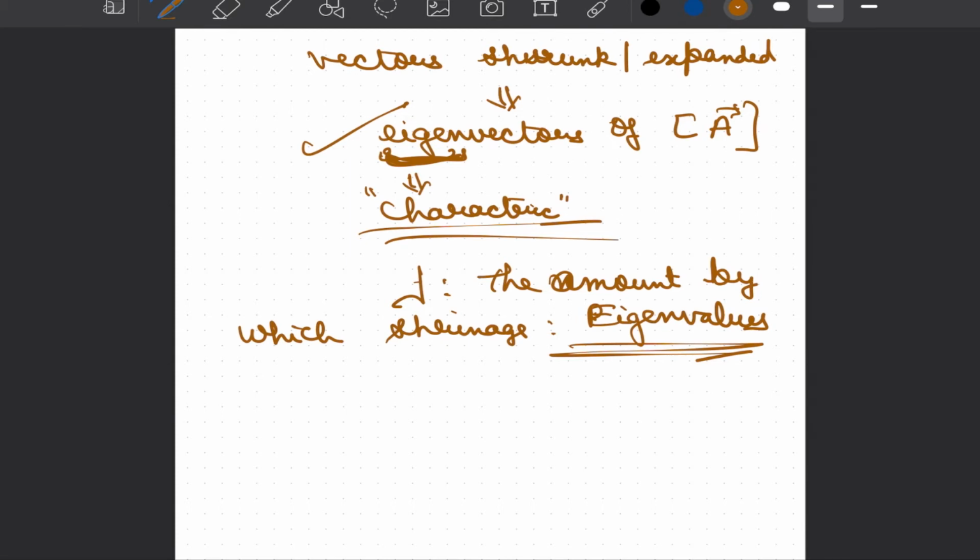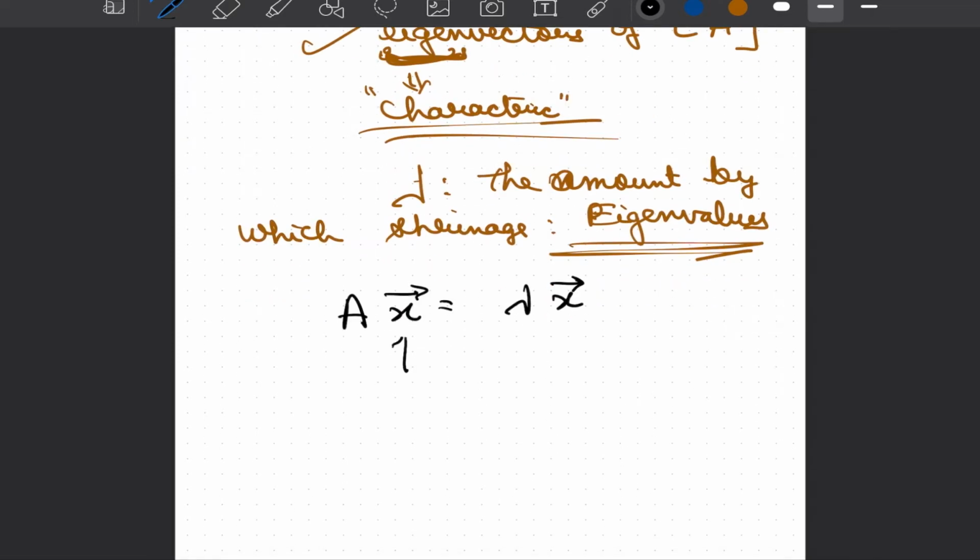Now that we have learned this, this would make sense. If we multiply A by X, it would appear that X is just getting stretched if and only if X is an eigenvector of matrix A and lambda is our scaling amount.